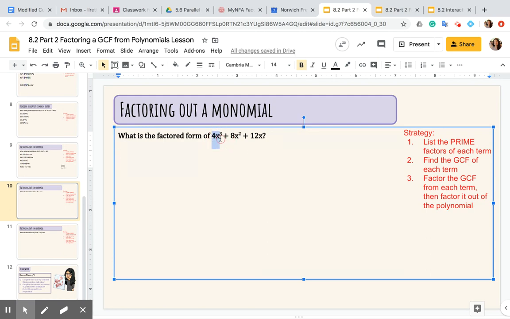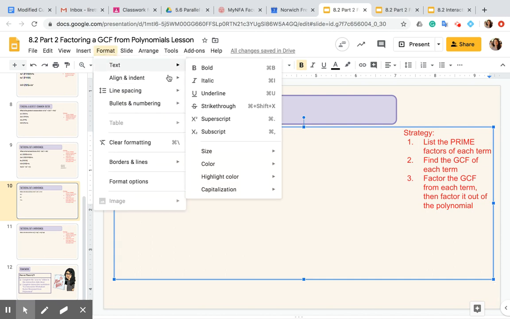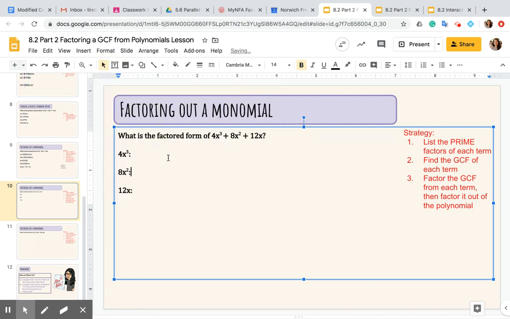So I'm going to take each of these terms and I'm just going to copy paste to save time. And I'm going to write all of them as the product of its prime factors so I can find my GCF.